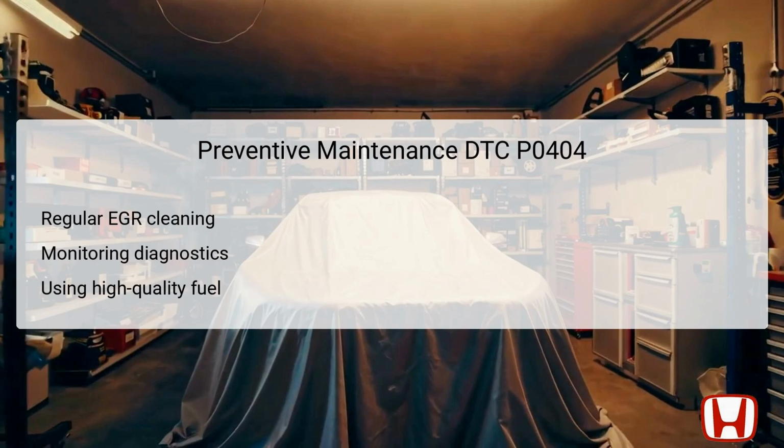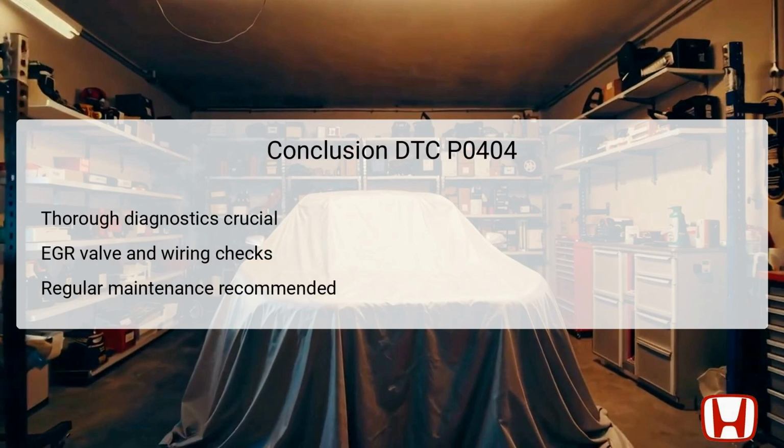overall vehicle performance. In conclusion, DTC P0404 reflects significant issues with the EGR valve circuit, with potential causes ranging from valve failure to wiring problems. Conducting thorough diagnostics is essential to pinpoint the exact failure point in the EGR system.